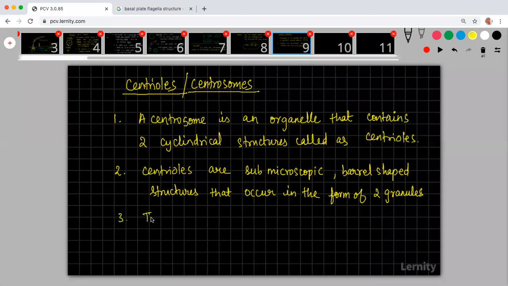Third point, they are also called diplosomes. They are located in the cytoplasm.